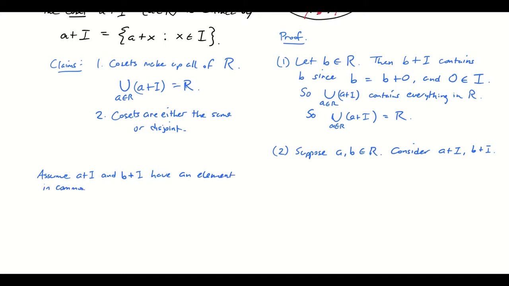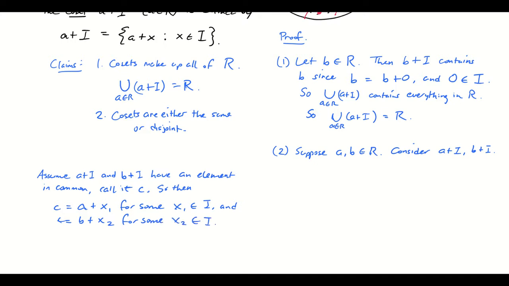And for lack of a better idea, let's call it C. Then C is equal to A plus x1 for some x1 in the ideal, and C is also equal to B plus x2 for some x2 in the ideal. That's what it means to be in this coset: if C belongs to this, then C is expressible as A plus some ideal element, we're calling it x1. C is expressible as B plus some ideal element, which we're calling x2.